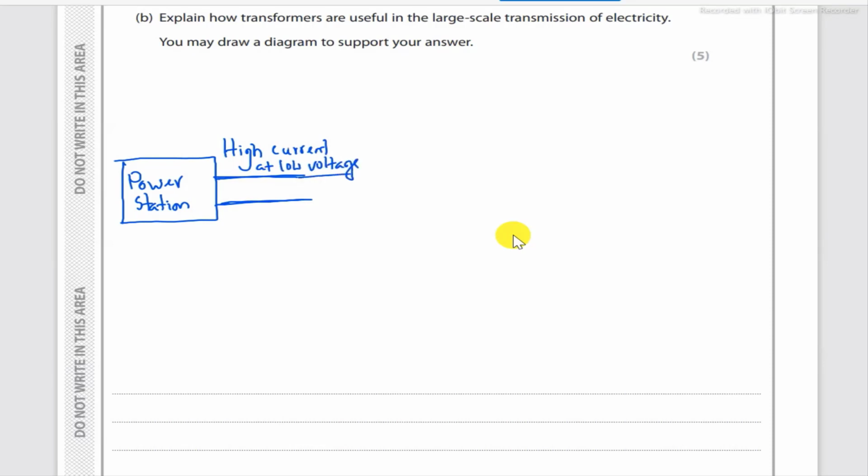If this high current is transferred through the transmission line, then due to high resistance, a large amount of heat is produced. So we have to convert this high current to low current by using a step-up transformer.